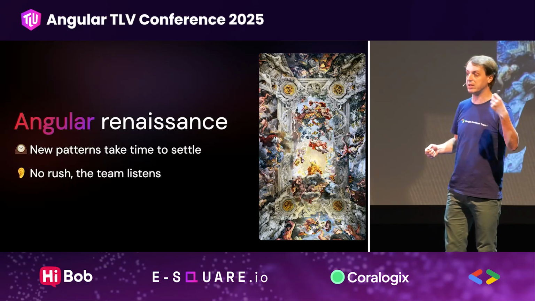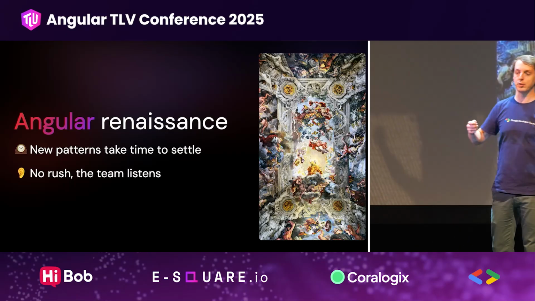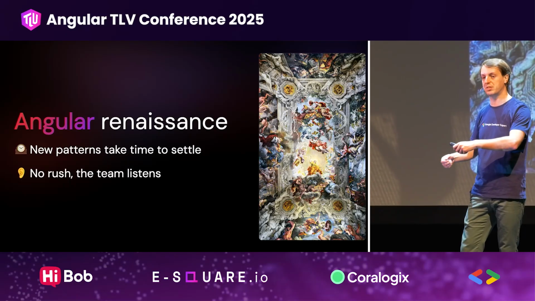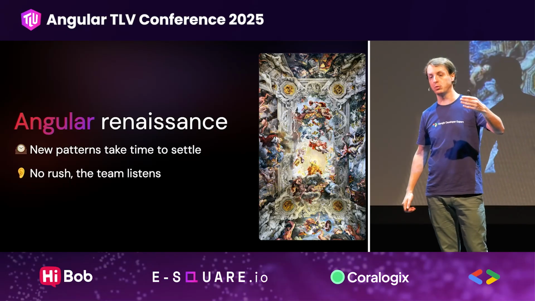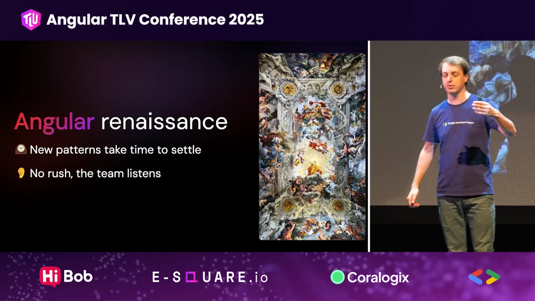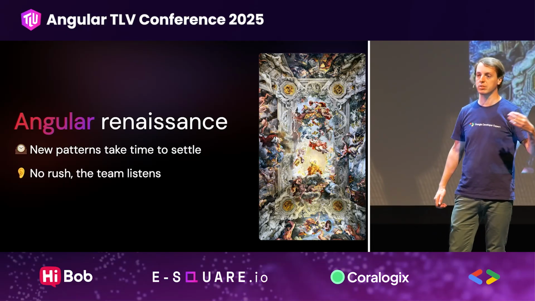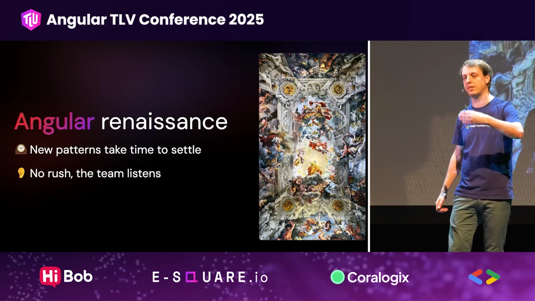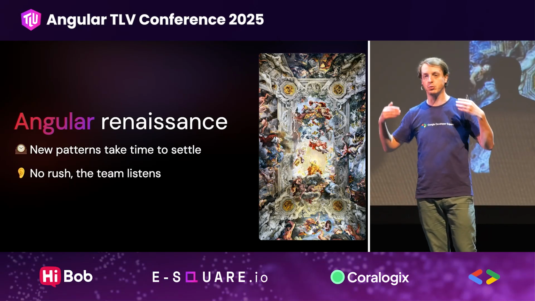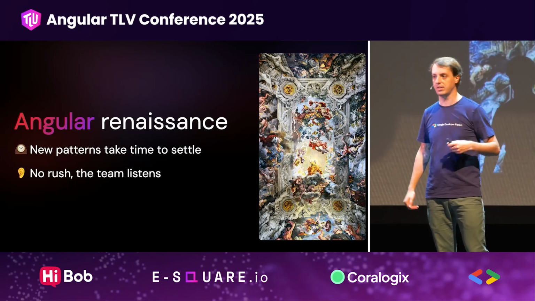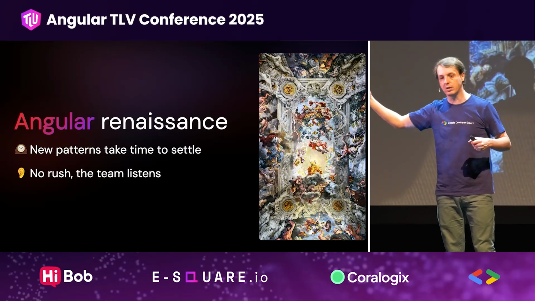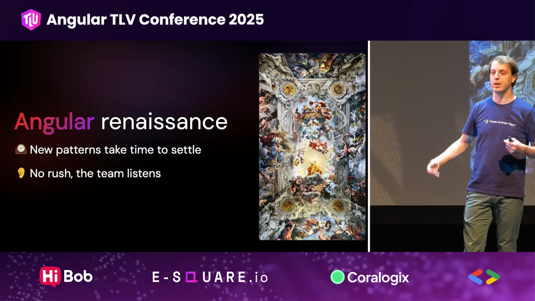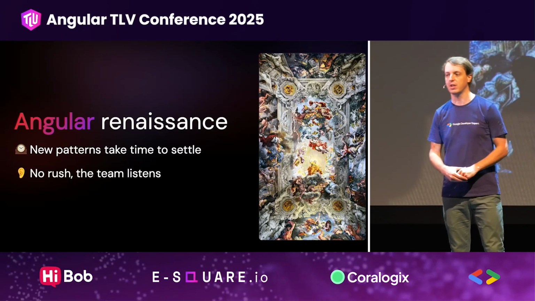So this is how it led us to introduce a new pattern that we call the resource. Resource is basically an async derivation. So where before you would have a synchronous derivation with linked signals or computed, with the resource you have an asynchronous derivation, so you can declare async dependencies in your code. And this only happened after we got the feedback and started seeing some usages from you.